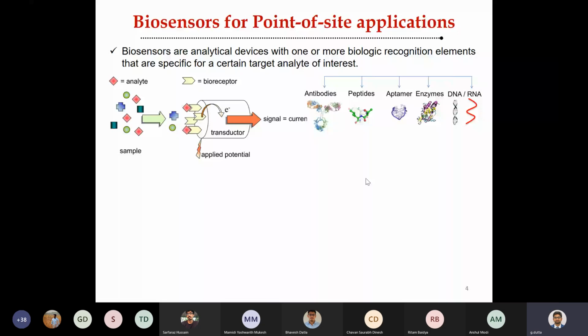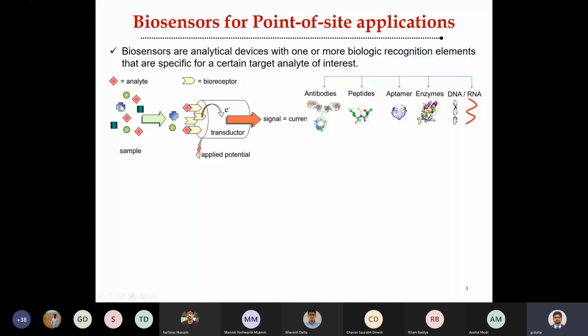So here antibody, peptide, aptamer, enzyme, DNA, RNA, everything, they are the bioreceptor, right? They can bind with some specific analyte, that is the biomarker or target. Clear? So, the sample. Here you can see in the sample there are so many different symbols. Your sample may contain your target analyte and also some other analytes, right?